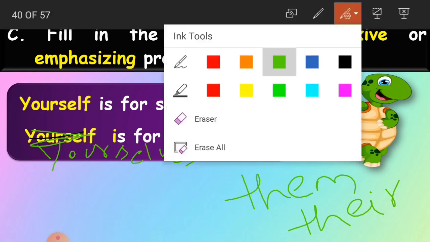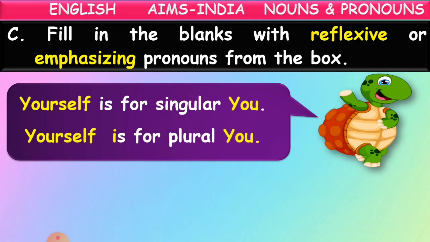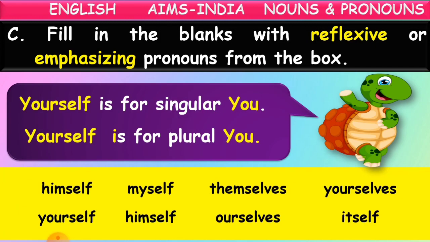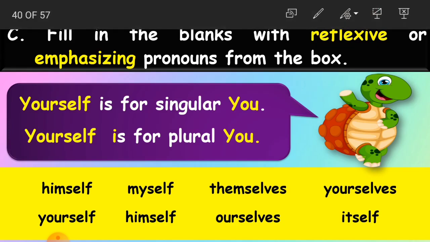So we'll just work on them. Here: himself, myself, themselves, yourselves, yourself, himself, ourselves and itself. So these are all what? Reflexive or emphasizing pronouns. Okay, children?